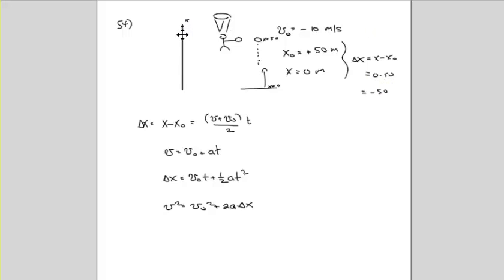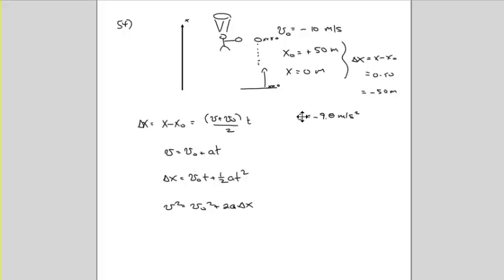That's because the change is going in the opposite direction to the one we've defined as positive. So that's negative 50 meters. Okay, what else do we know? Well, we know that acceleration due to gravity is 9.8 meters per second squared, but what's the sign? Positive is up, and we're accelerating down, so it's going to be negative 9.8 meters per second squared. So now we know three out of the five, so we can find the other two.